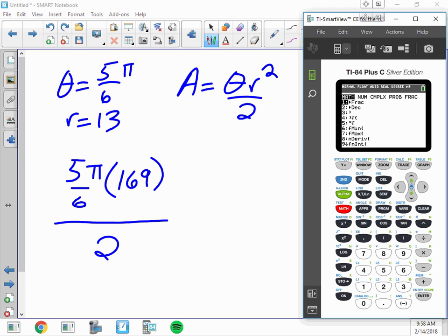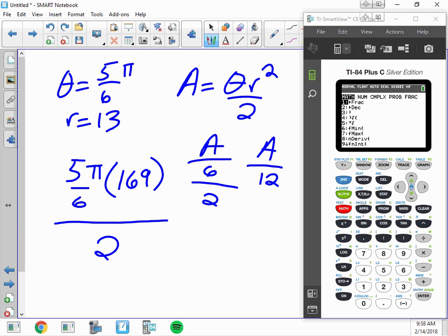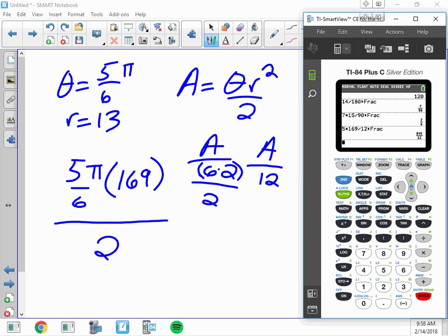Anything divided by 6 divided by 2 is the same thing as that divided by 12. Right? So yours would work as long as you put parentheses. A lot of kids forget that, but you don't. You seem to always get that right. So the area is 845 pi over 12.